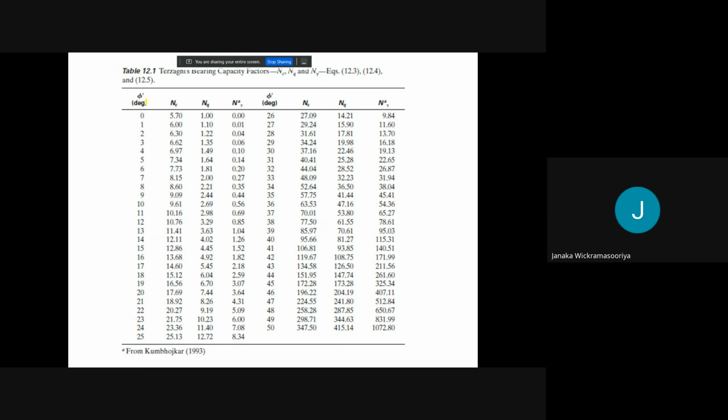Now these are the tables, from which you can find the Nc, Nq, N gamma values. As an example, if I take the friction angle as 30, then the Nc value is 37, and Nq, N gamma can be found.